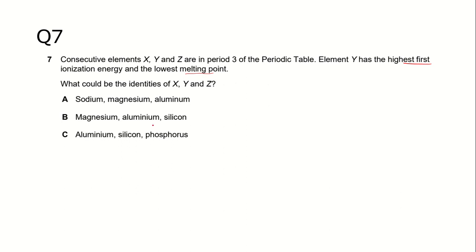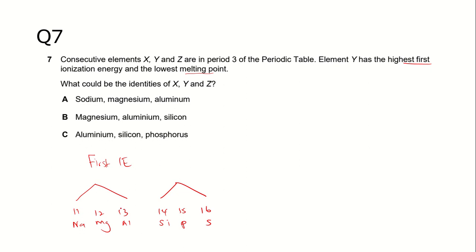So just now we looked at the first ionization energy trend. 11, 12, 13 looks like this, and 14, 15, 16 looks like this again. So 11 is sodium, 12 is magnesium, 13 is aluminium, 14 is silicon, 15 is phosphorus, 16 is sulfur.